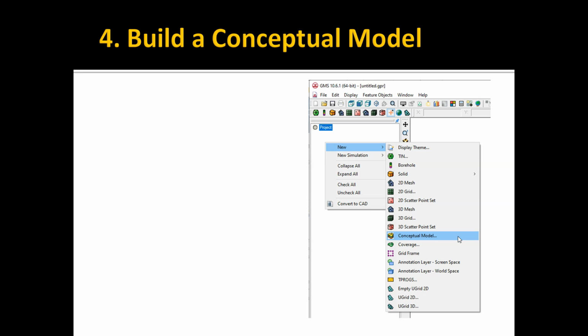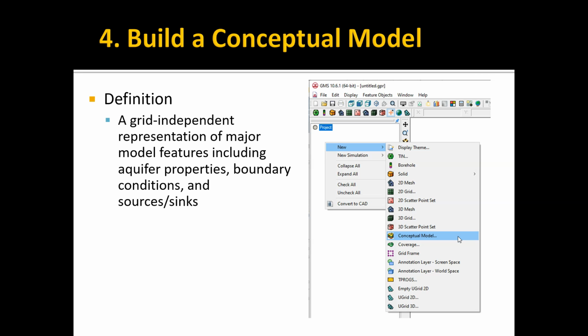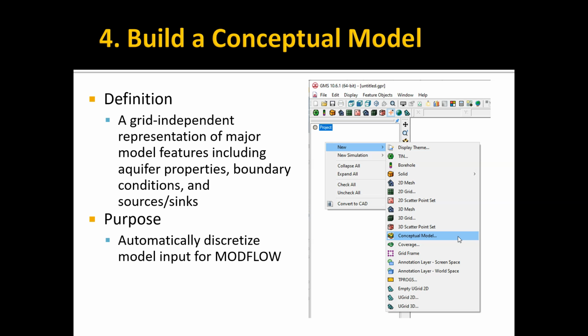Essentially, this is a grid-independent representation of the major model features, as I described before, and it allows you to automatically discretize the model input for MODFLOW. And it's also a way of organizing all of the layers of information associated with your conceptual model.